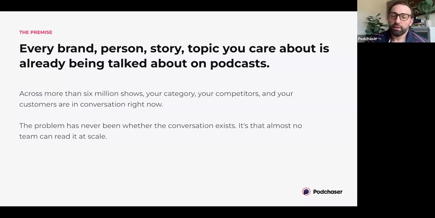So the problem, of course, as we've outlined it here, is nobody can really read all of this data at scale. I've had a couple of posts recently, and I've written an article about it, about how my usage of Podchaser has changed significantly over the last 3 or 4 months. Still love Podchaser Pro, still use Podchaser Pro quite a bit.